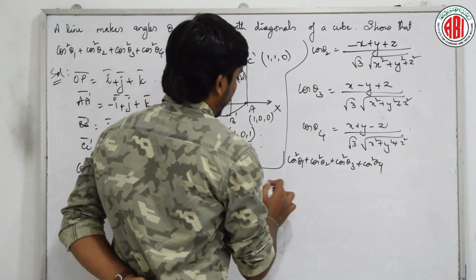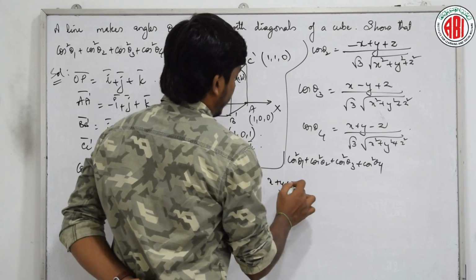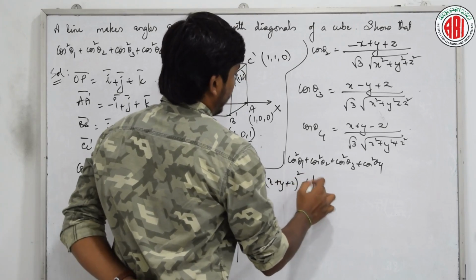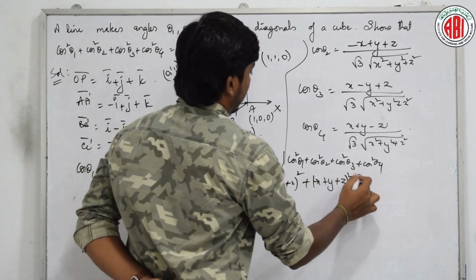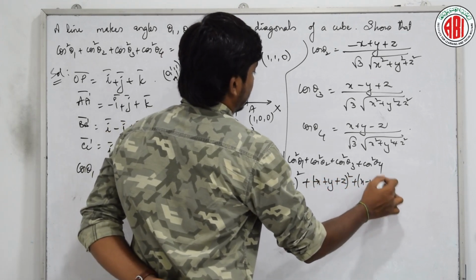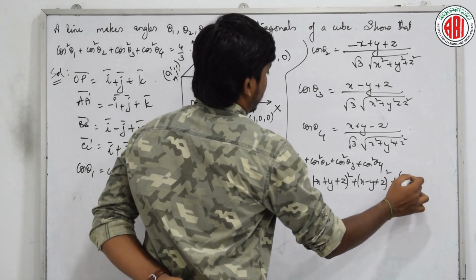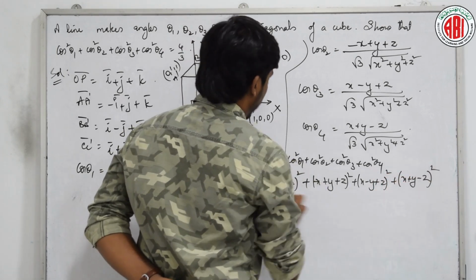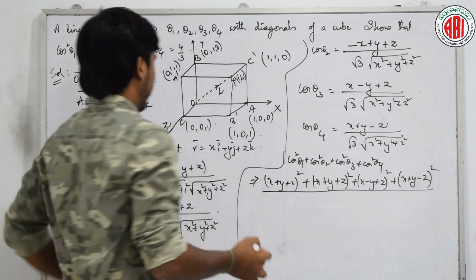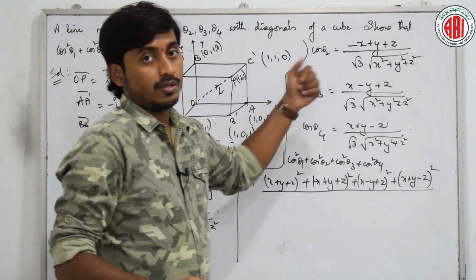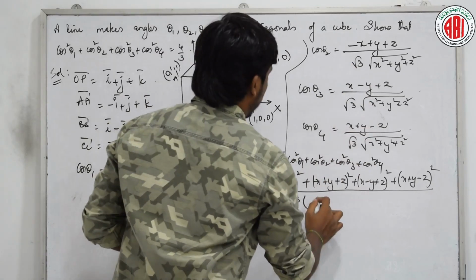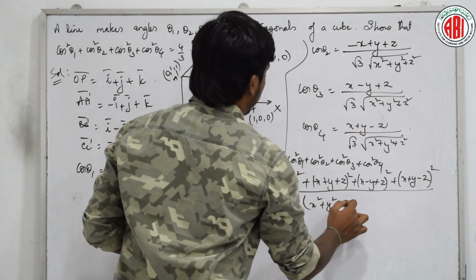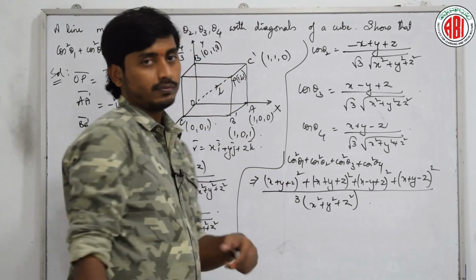That will be x plus y plus z whole square plus minus x plus y plus z whole square plus x minus y plus z whole square plus x plus y minus z whole square, divided by, the LCM is always the same, root 3 squared is 3 and the square root squared is x square plus y square plus z square. Clear?